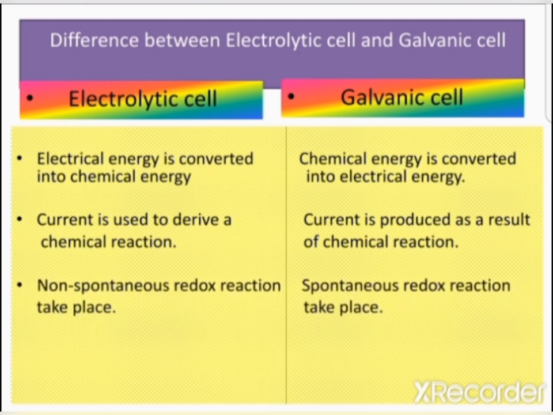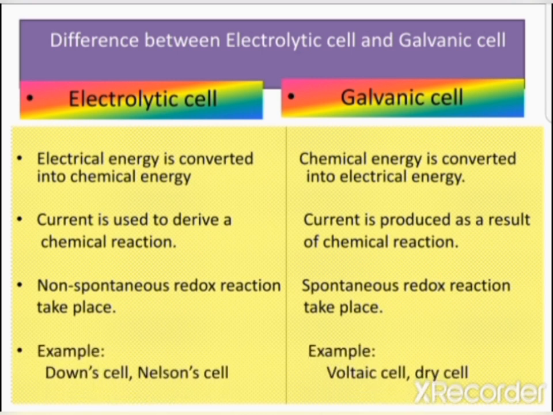In electrolytic cell, non-spontaneous redox reaction take place, whereas in galvanic cell, spontaneous redox reaction take place. Example of electrolytic cell is Downs cell, Nelson cell, whereas the example of galvanic cell is voltaic cell, dry cell or battery.